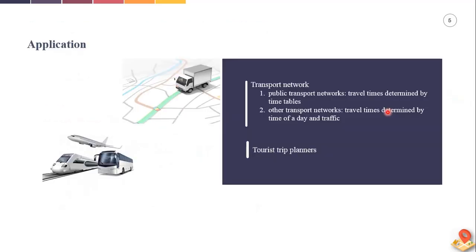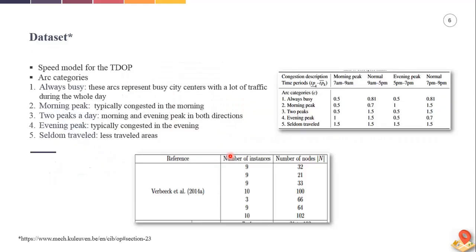The time-dependent OP applications get closer to real problems. Transportation networks and tourist planners are the problems modeled by time-dependent OP. One dataset for the time-dependent OP was introduced in 2014.